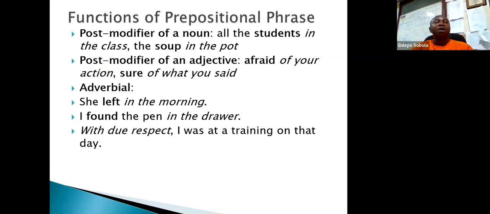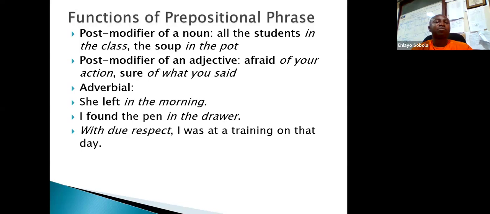For example, all the students in the class: in the class is a prepositional phrase which modifies the noun head students. The soup in the pot: in the pot is a prepositional phrase which post modifies the noun soup. So we can see a prepositional phrase as a post modifier of a noun in a noun phrase.